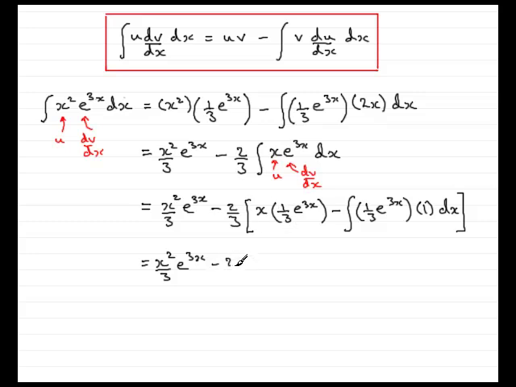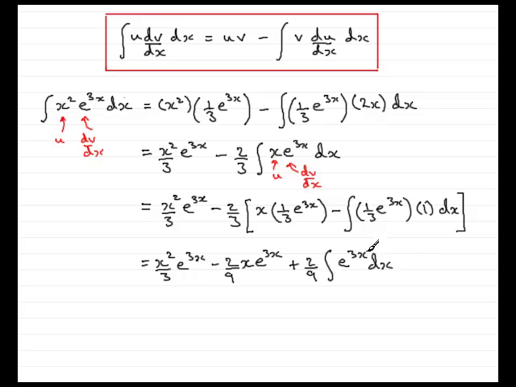So put that down, minus 2/9 x e to the 3x. And then we have minus 2/3 times this 1/3. And remember there's a minus here, so it's going to be plus 2/9. 2/9, and then we have the integral of e to the 3x with respect to x.